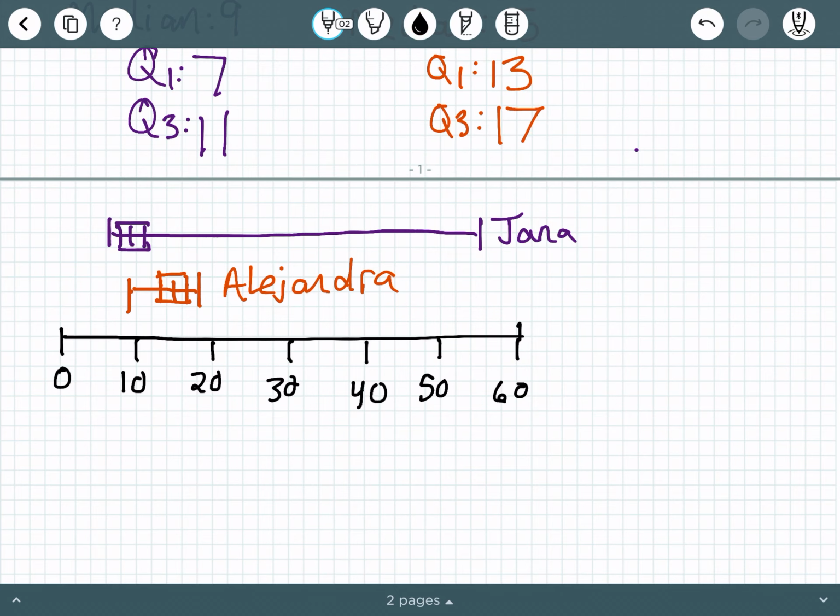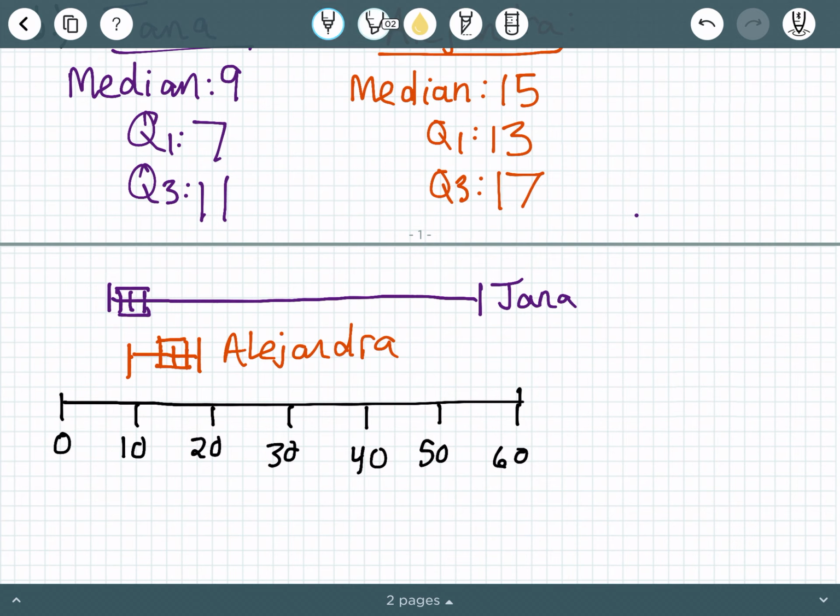So if we look at our medians, not only here, but in our box plots, I'm going to trace over in green for both girls. Oops, I didn't want a highlighter, I wanted just a pen in green. So Alejandra's median is here, Jana's median is here.